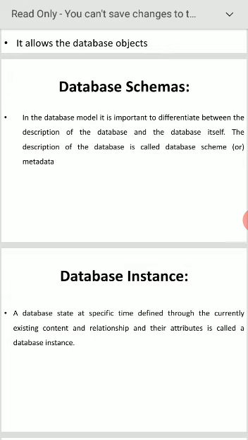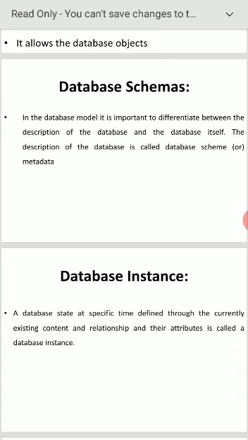Next, database schema. In this database model, it is important to differentiate between the description of the database and the database itself. The description of the database is called the database schema, also called metadata.